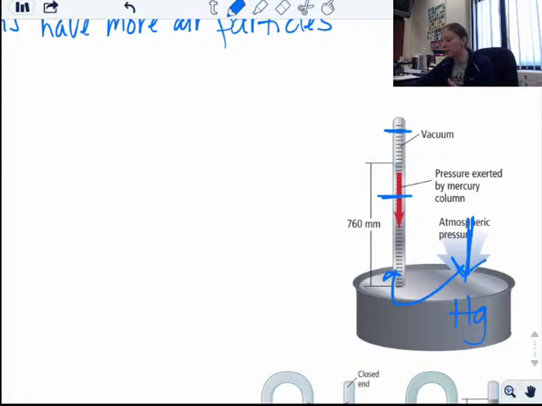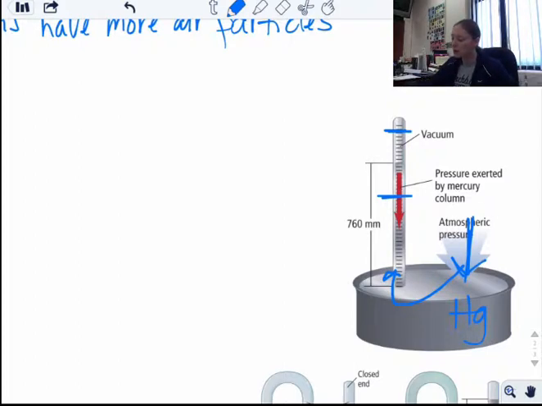The mercury in the tube falls until its pressure is equal with the pressure on the outside, because you're not going to have unequal pressures. If there are unequal pressures, it keeps pushing until they're equal. So the outside pushes down, the inside falls to match that, and then you read the atmospheric pressure.